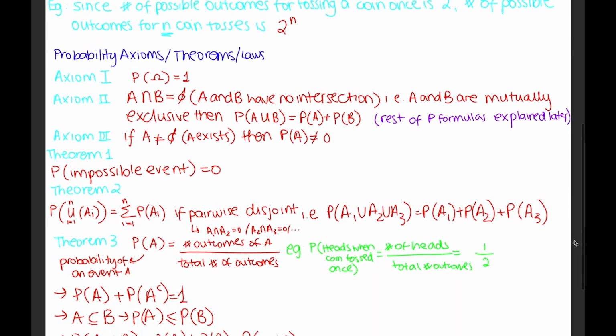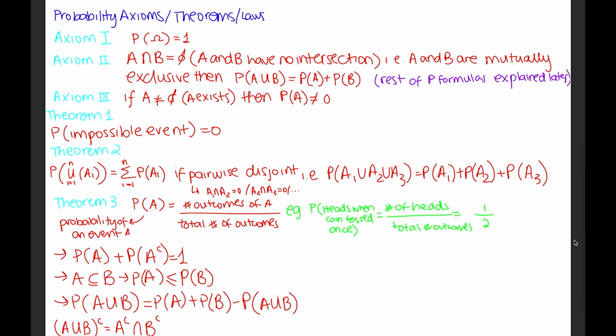Then the probability axioms, theorems, and laws we need to know. Axiom 1 is that the probability of the entire sample space is 1. So the probability of every event in the sample space occurring would be 1.